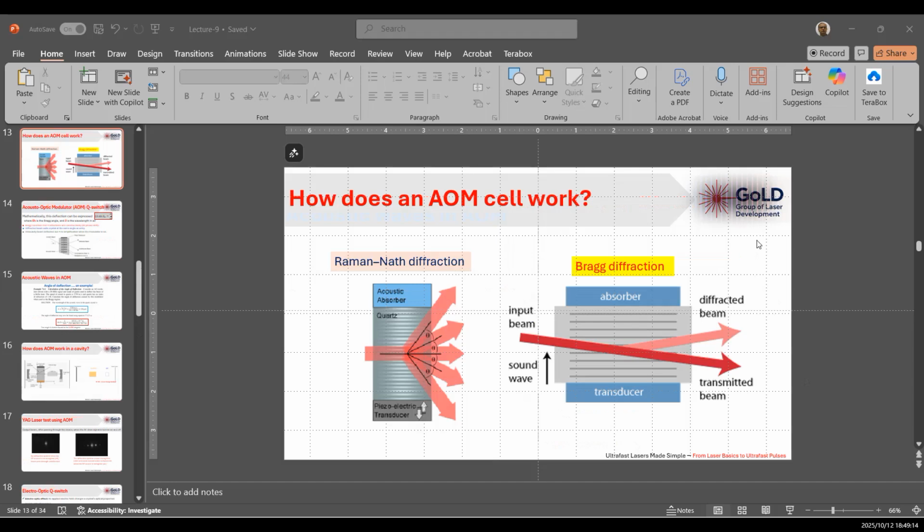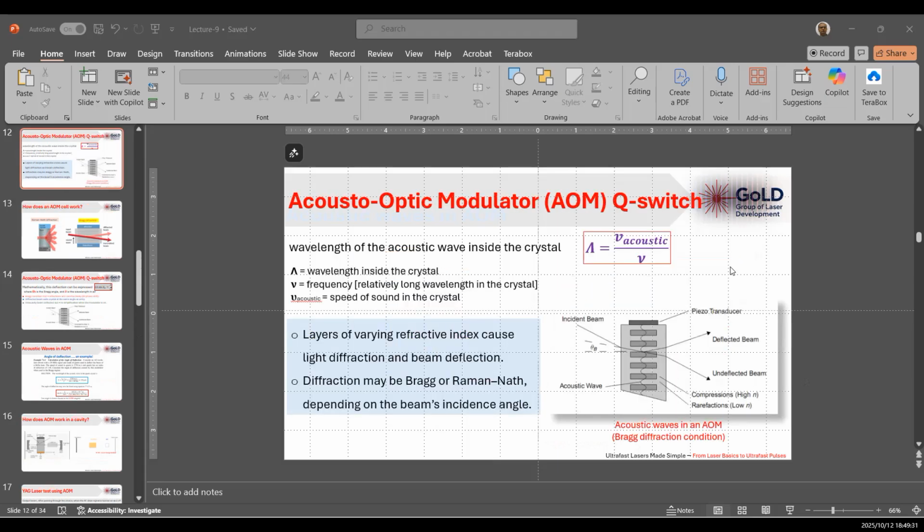Okay, thank you. And with the mathematical equation, can you exactly know when is the time to switch on or switch off? For example, in an acousto-optic modulator, is it not possible to predict the right moment, or is the equation done by trial and error?